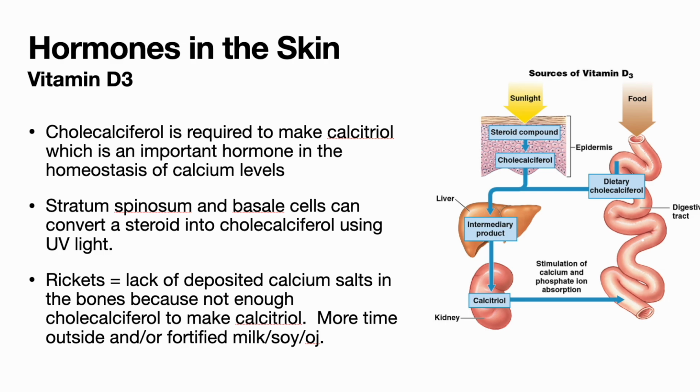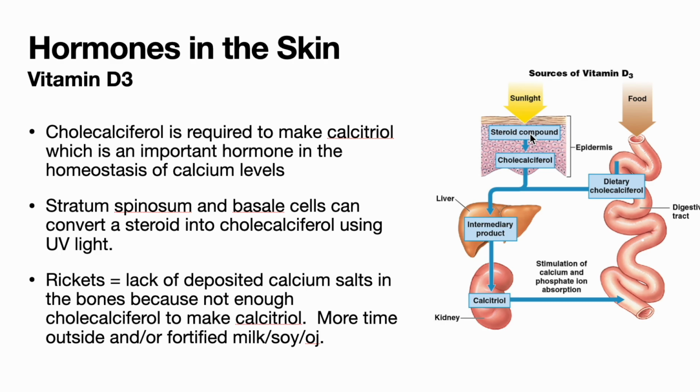You are going to come across vitamin D3 production a number of times in this course, and this is the first time. So vitamin D3 is an important vitamin for us. It's also known as cholecalciferol, and you have the ability in your skin to use sunlight to convert a steroid compound that's located in your keratinocytes.